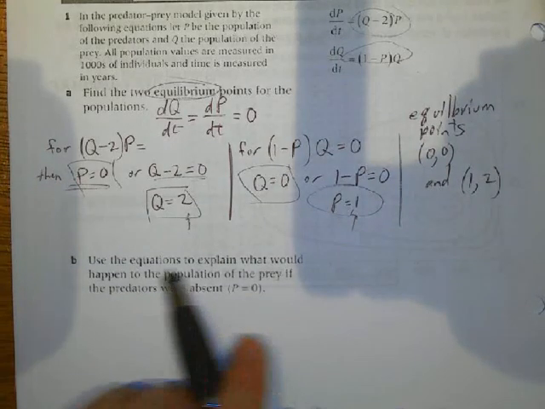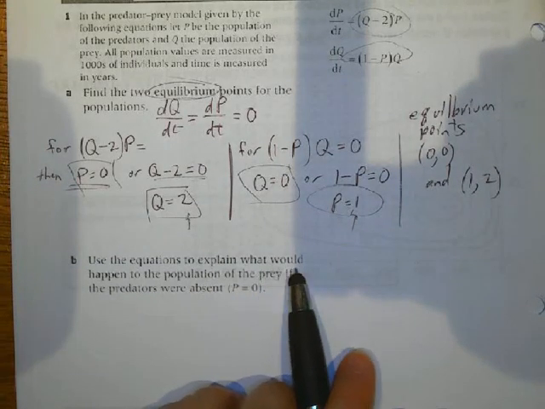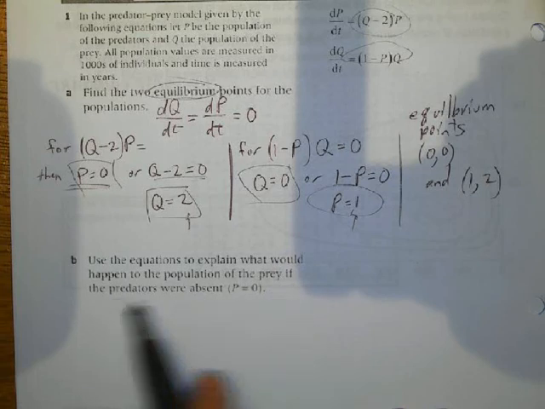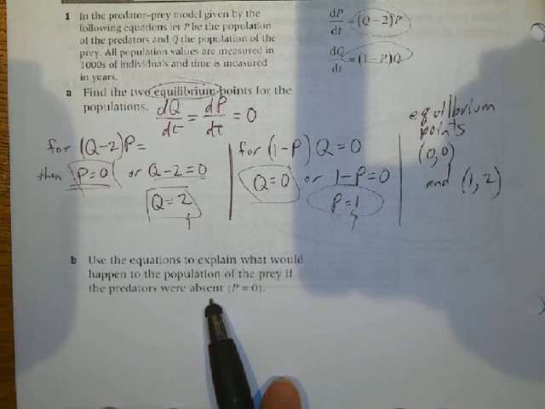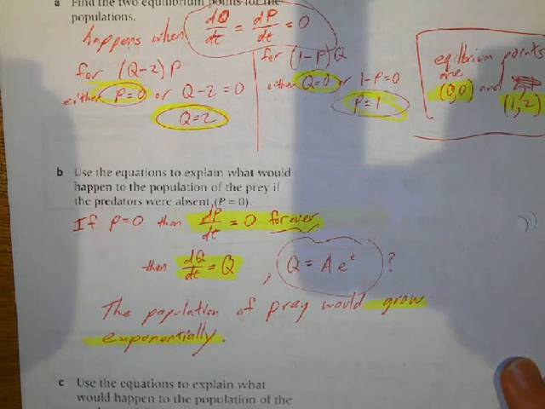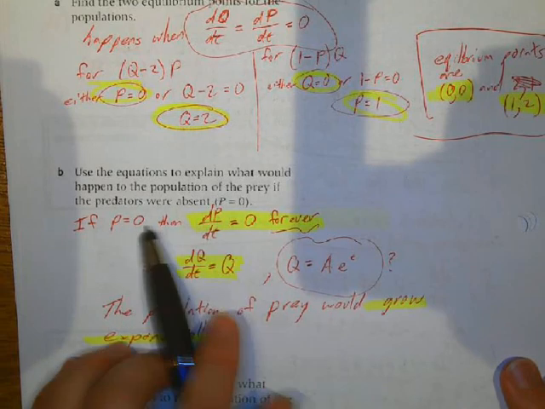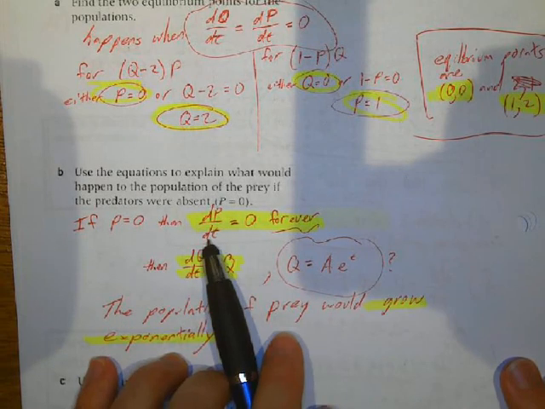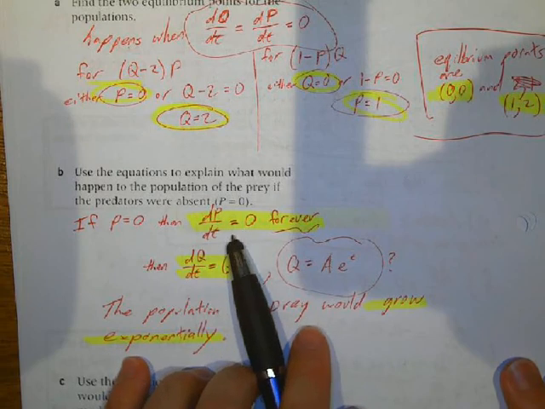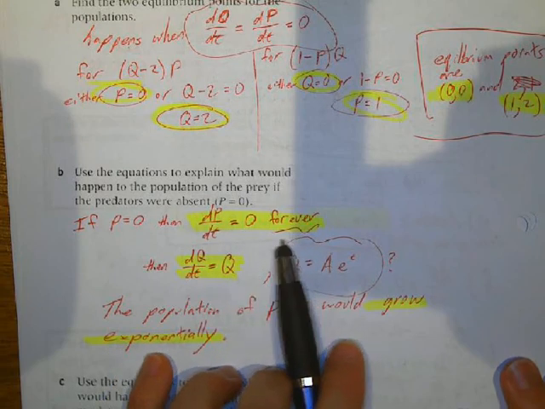Using the equation, explain what would happen to the population of the prey if the predator were absent. I'm just going to explain what I wrote down. If the predator was absent, P equals 0, then there would never be any predators, so the change of predators would never change because there aren't any to begin with.